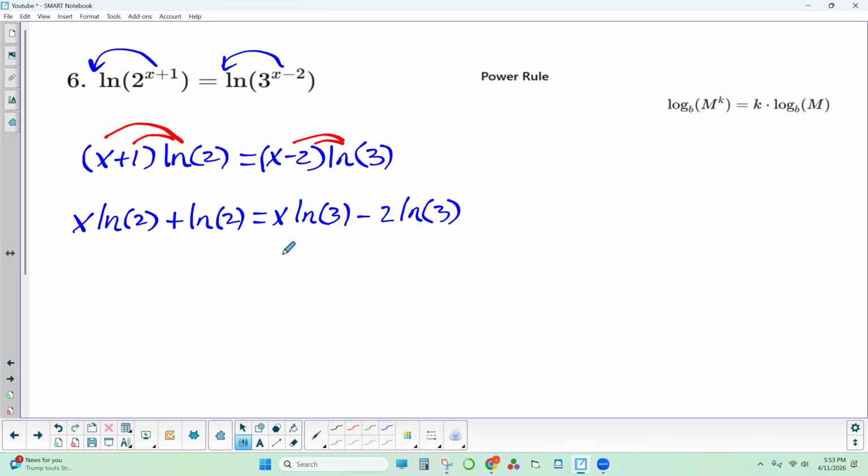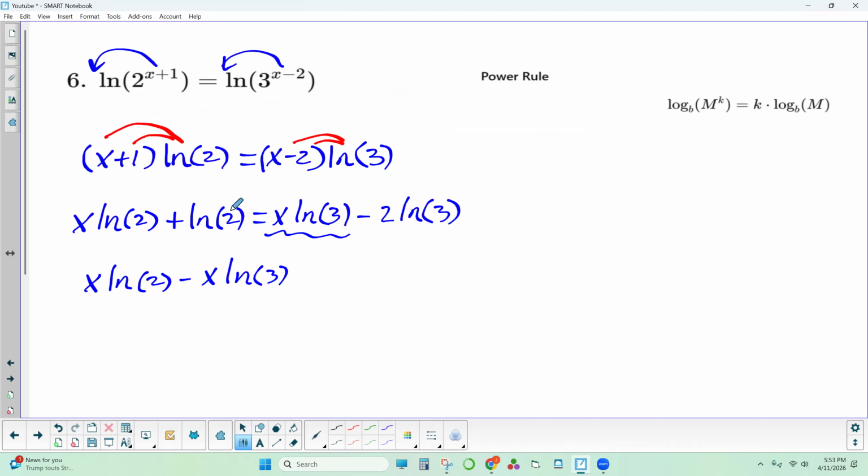All right, so solving for x, I need to get my x terms to one side. So I'm going to take this x and subtract it to move it over to the left-hand side. So that's going to give me x natural log of 2, going to subtract this term, x natural log of 3. Okay?